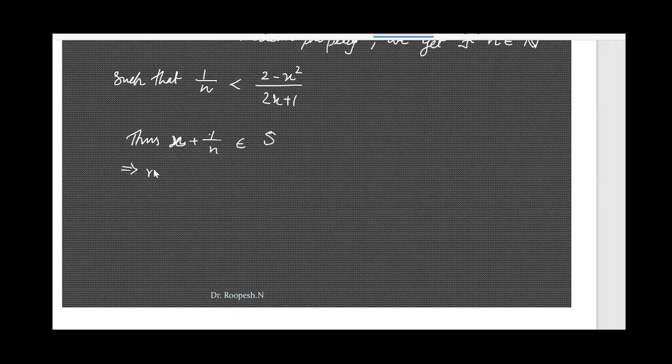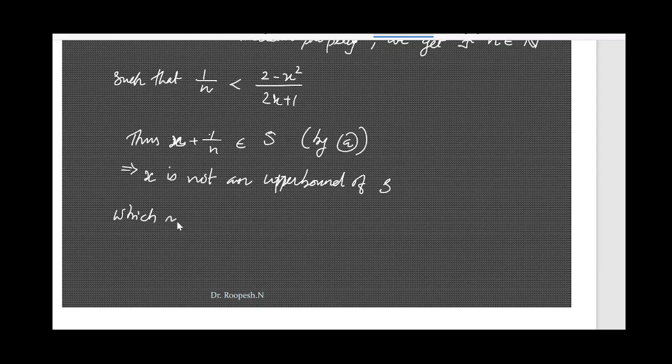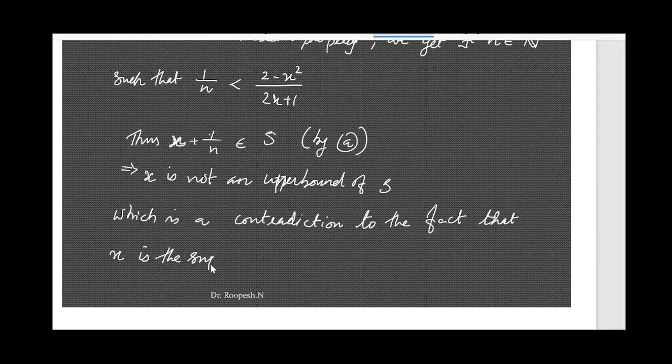which implies x is not an upper bound of S. This is by A. Now x is not an upper bound of S, which is a contradiction to the fact that x is the supremum.